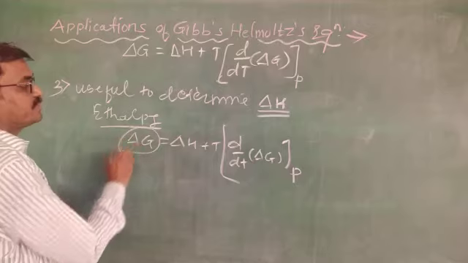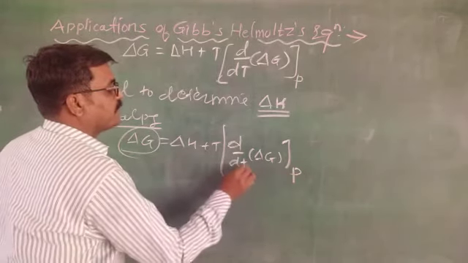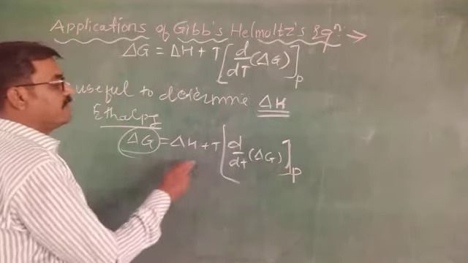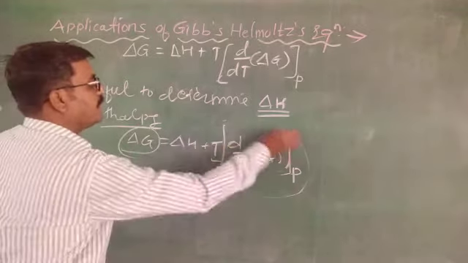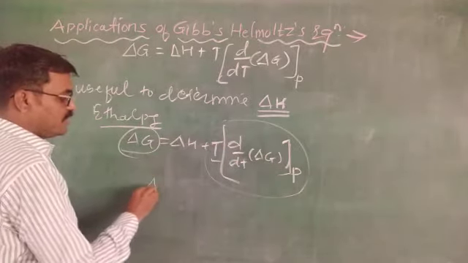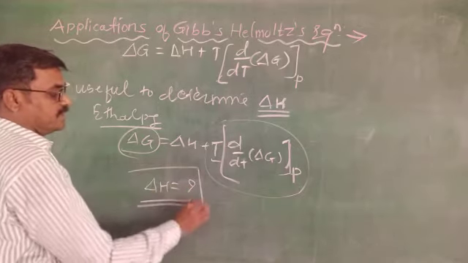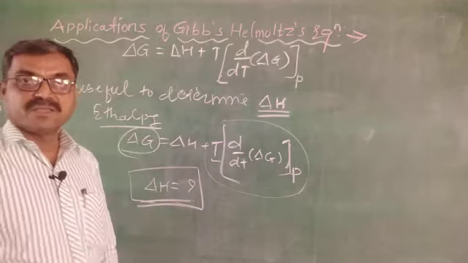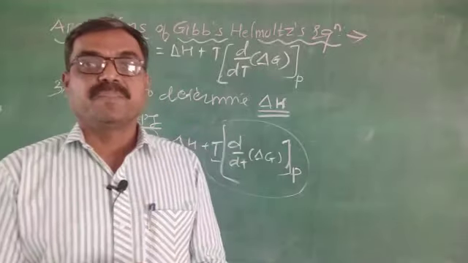As you know the Gibbs free energy delta G at a particular temperature at constant pressure, you are able to find out the enthalpy of that particular reaction. In this way, these are the three applications of the Gibbs-Helmholtz equation.